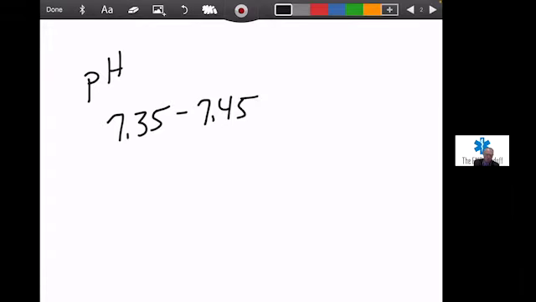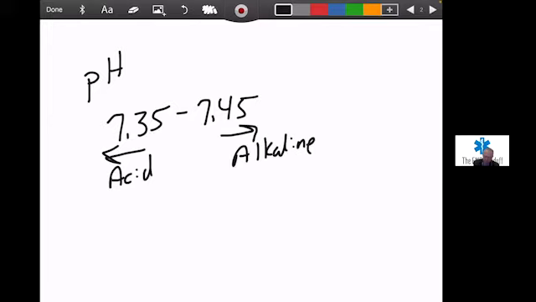Anything less than 7.35 is acid, and anything greater than 7.45 is considered alkaline or alkalotic. So less than 7.35 acid, greater than 7.45 alkaline.